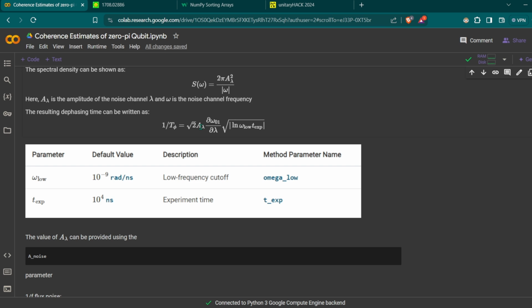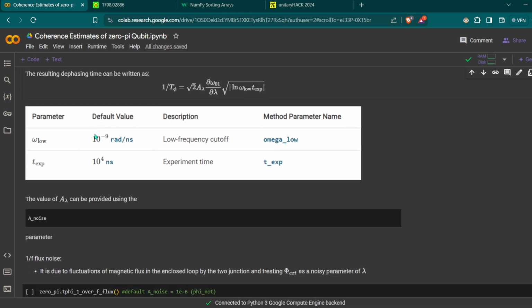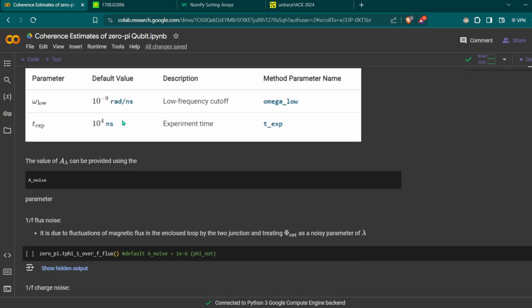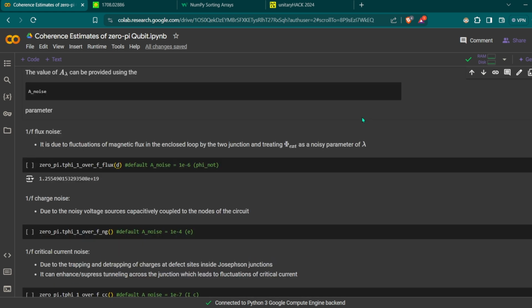A lambda is the amplitude of the noise channel lambda, omega low represents the low frequency cutoff of the noise channel, and t experimental is the experiment time we are going to conduct. These are the default values we are going to use here. We can also change the amplitude parameter using A_noise inside our method, which we are going to use directly over our qubits.